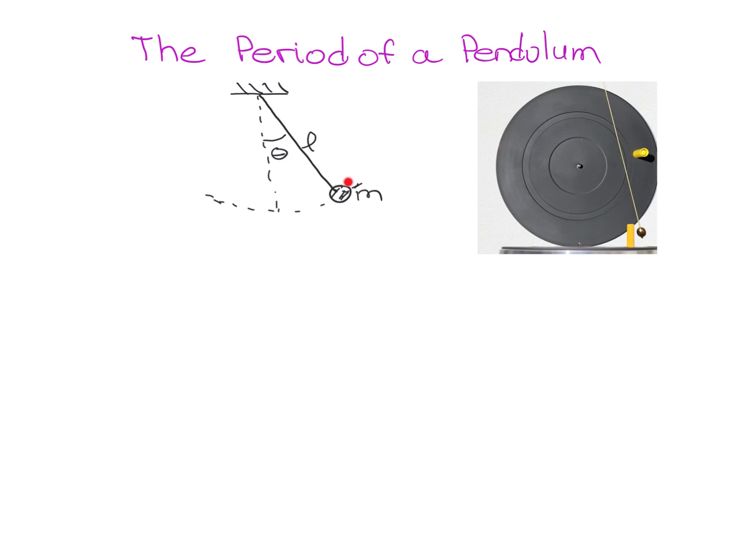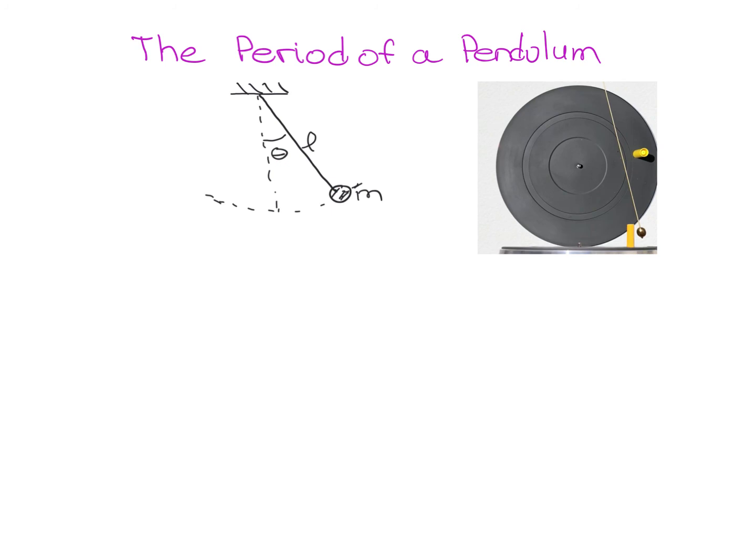A simple pendulum just consists of a point mass m, suspended from something, maybe the edge of a table. The length of the string connecting the mass to the table edge is L, and the angular position of the mass is given by theta.